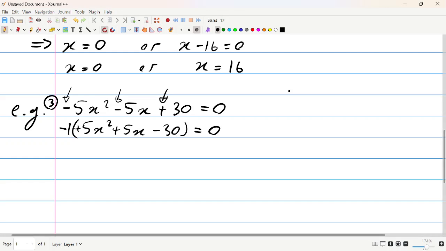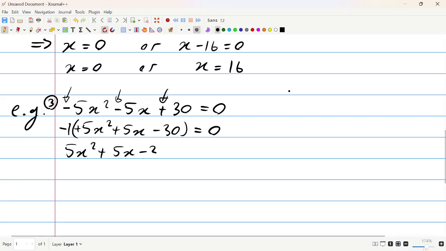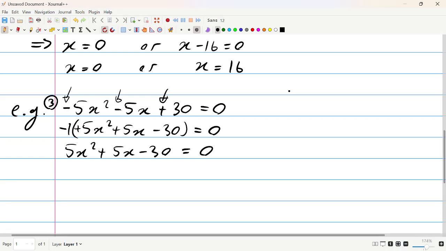Notice this is also just negative 1, really. So we can divide both sides by negative 1, if you want to think intuitively. So therefore, 0 divided by negative 1 is just 0. So therefore, we can just be left with 5x squared plus 5x minus 30 is just equal to 0.